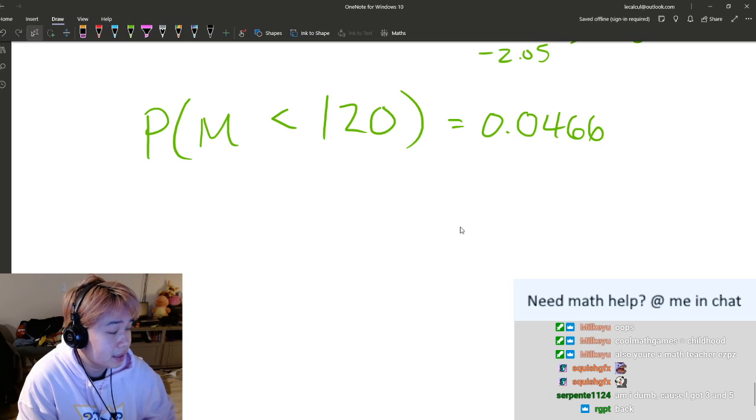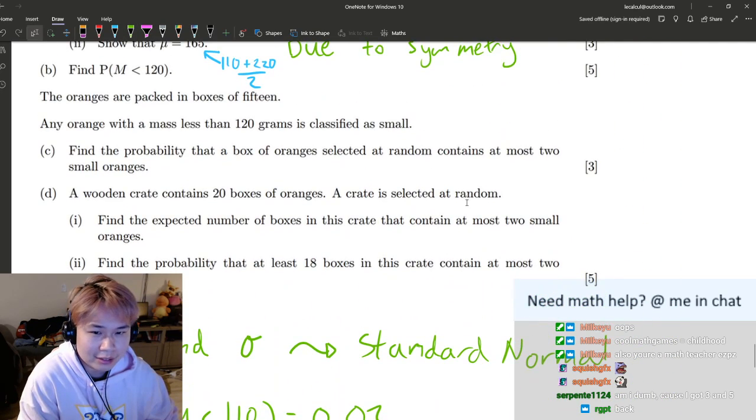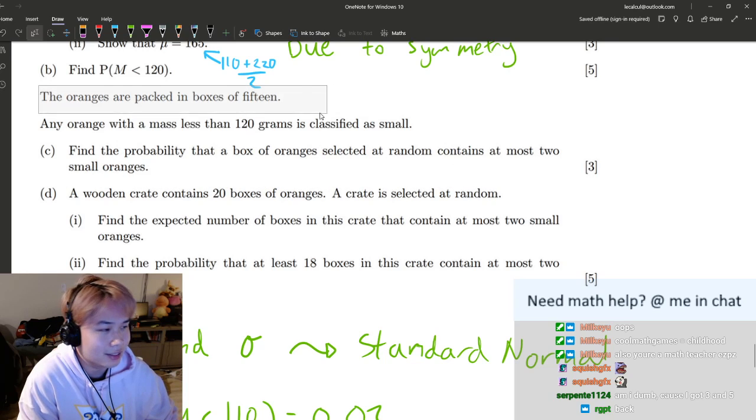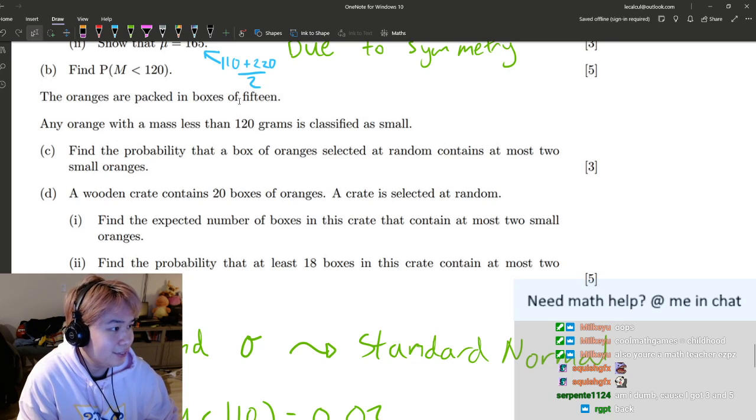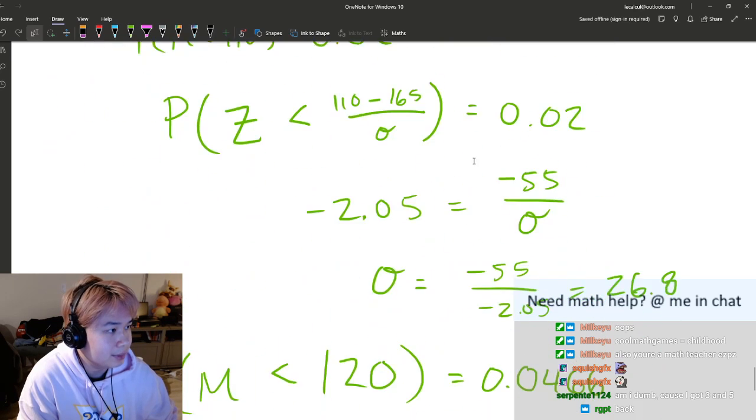Wait, hold on. Oh, right here. Okay. There's 15 oranges in a box. And then we want the box to contain at most 2 small oranges.